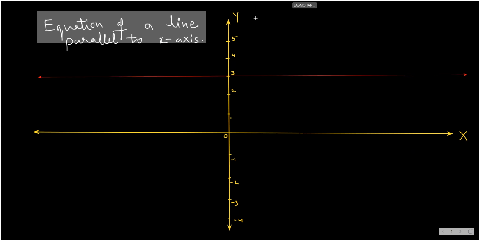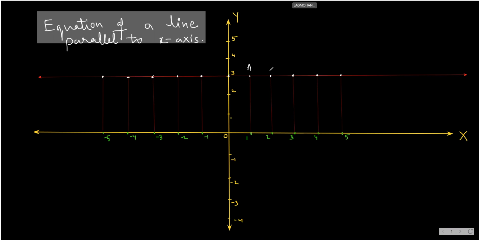Now what I do is, let me take a few points on this line. The points which I'm taking on the line are A, B, C, D, E, F, G, H, I, J, and K. I took 11 points.